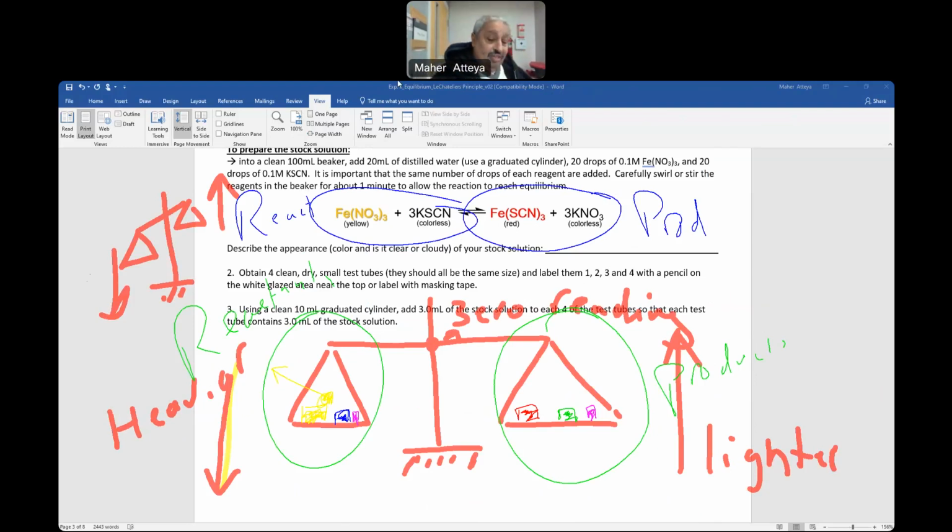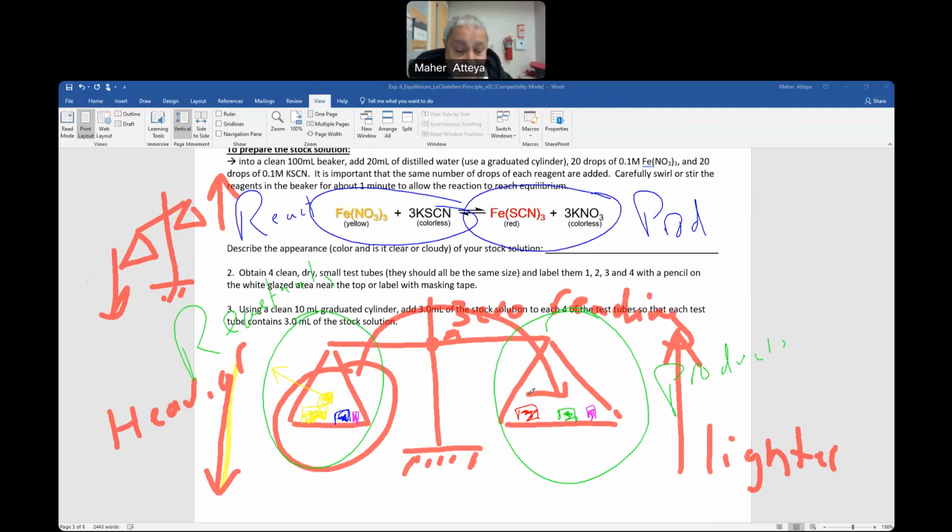The left side is heavier, correct? So in order to get the balance back, what will happen? Where will be the shift? What should I do? Remember, this is overweight here. So some of the weight had to be given to the other side, correct? Therefore, we say the shift of the chemical reaction is to the right, to the product side.